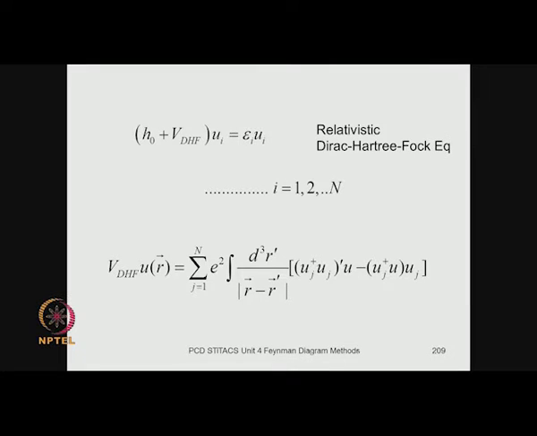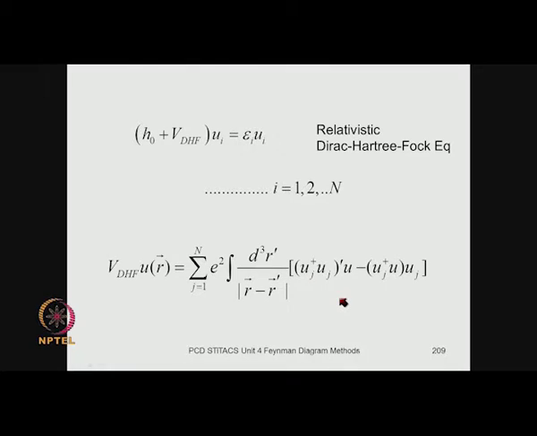You will get an exactly identical form, and essentially you will get the relativistic Dirac-Hartree-Fock equation, which you already see is exactly the same as the non-relativistic Hartree-Fock equation, with the difference that now your single particle operator is the Dirac operator at 0, and your Coulomb exchange term is represented in terms of this Dirac-Hartree-Fock potential. So, you have the Coulomb term and the exchange term, but these are now the relativistic wave functions.